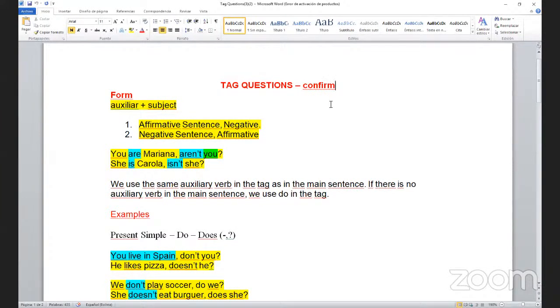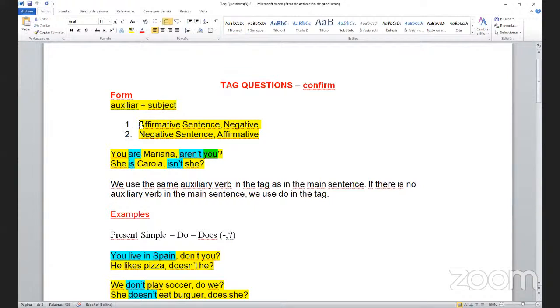So now here I have one example: you are Mariana. What is the structure for a tag question? The structure is the auxiliary plus the subject.